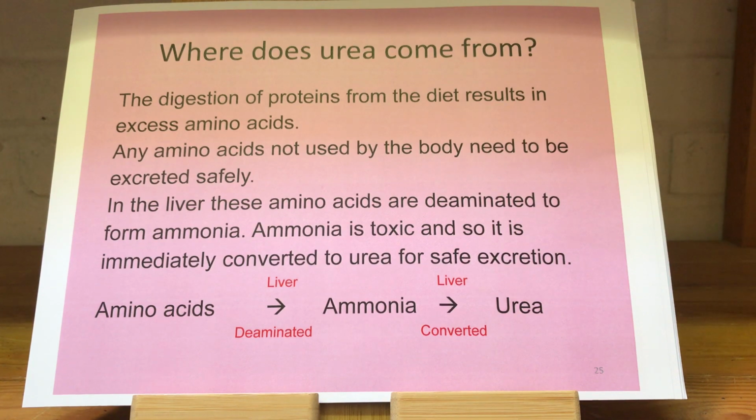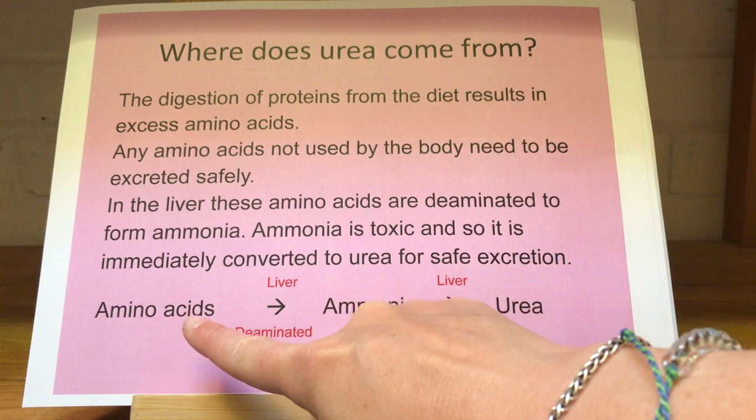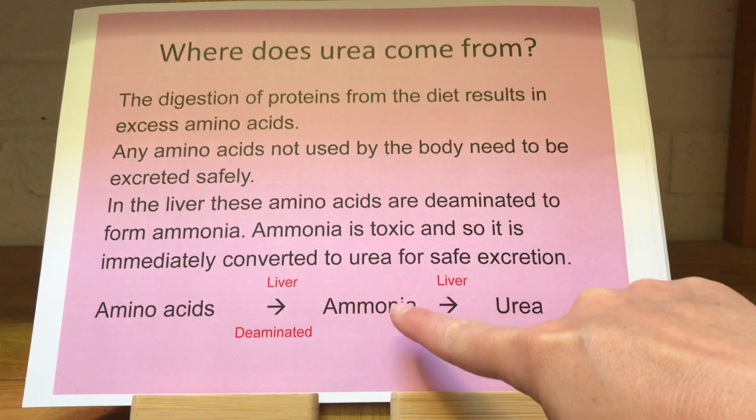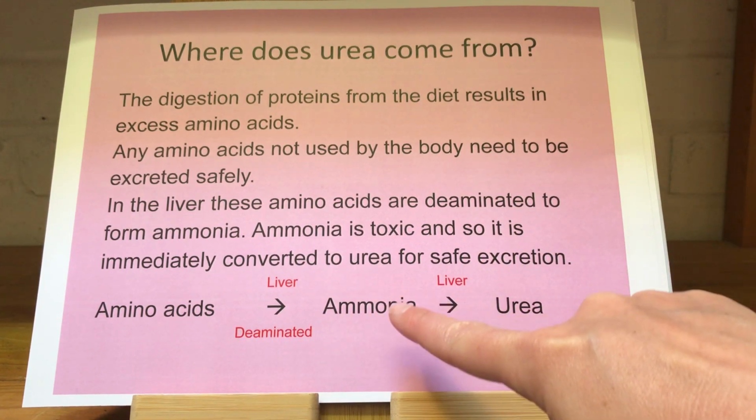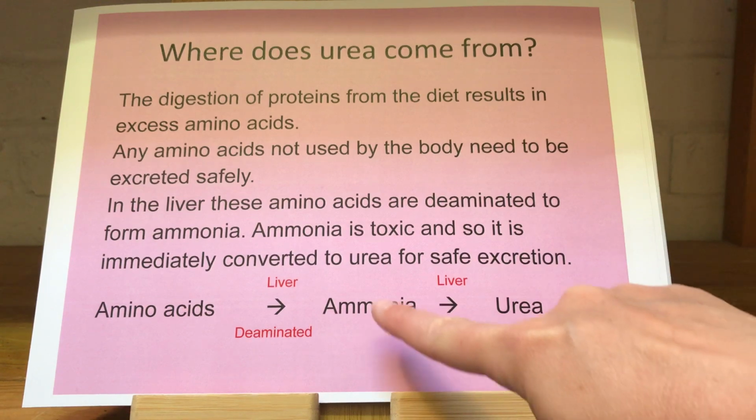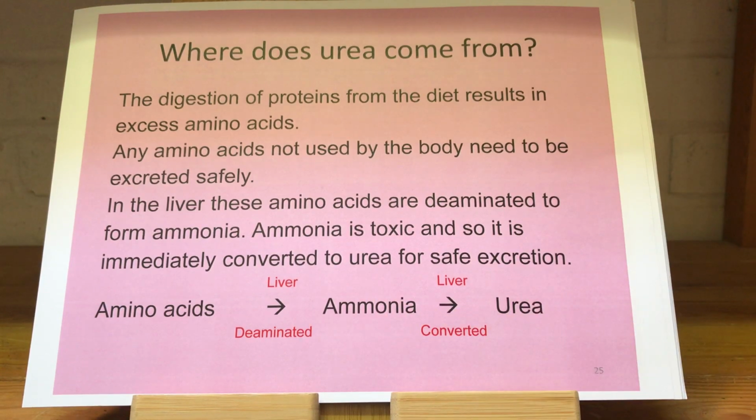So those amino acids head off to the liver. In the liver, the amino acids are deaminated into ammonia. Now, ammonia is really toxic, so really quickly, the liver converts that ammonia into urea. So the liver creates urea from those wasted or unused amino acids.